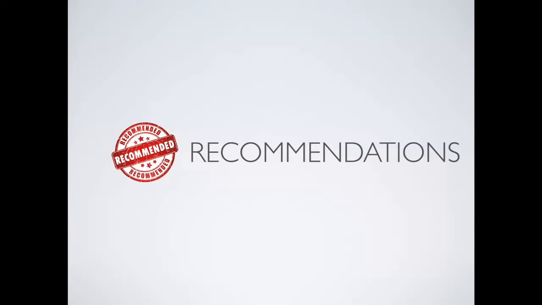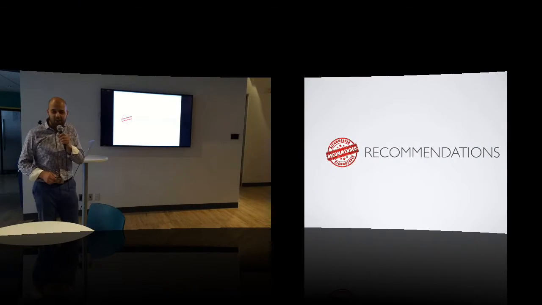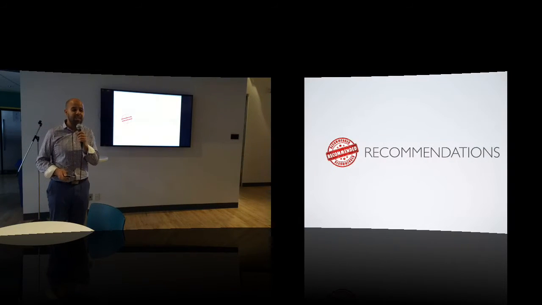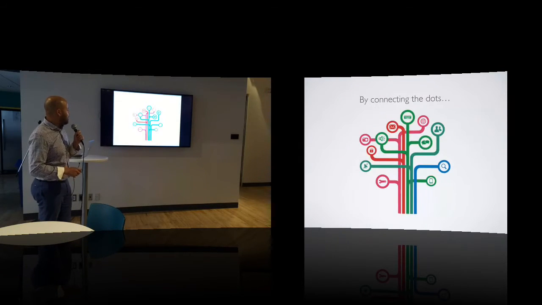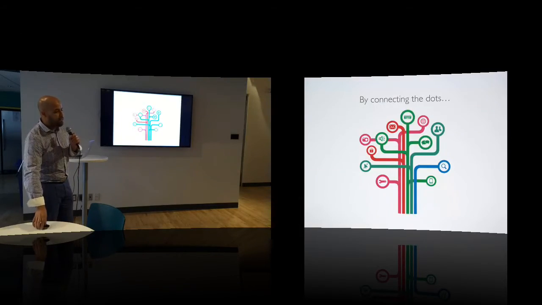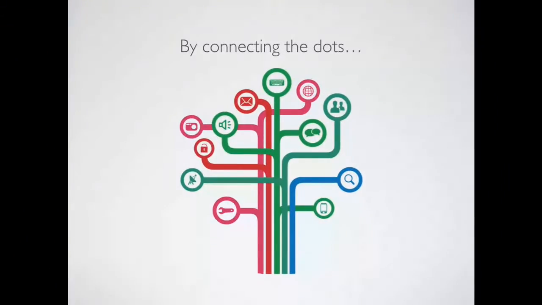Recommendations. That's also a term used all the time in discussions I had with a lot of product owners, but it doesn't necessarily mean the same thing depending on who you're talking to. So let's clear some things up. The first level of recommendations is organizing your content in such a way that it shares a lot of metadata, so you can do a lot of mapping.